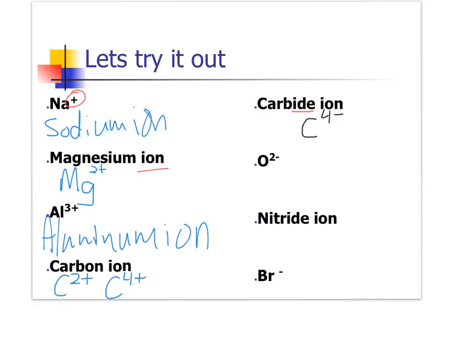Oxygen has a negative 2 charge here, and because it has a negative charge, we need to write it out as the oxide ion. Again, the ending of IDE is important to indicate to anybody else that it has a negative 2 charge.